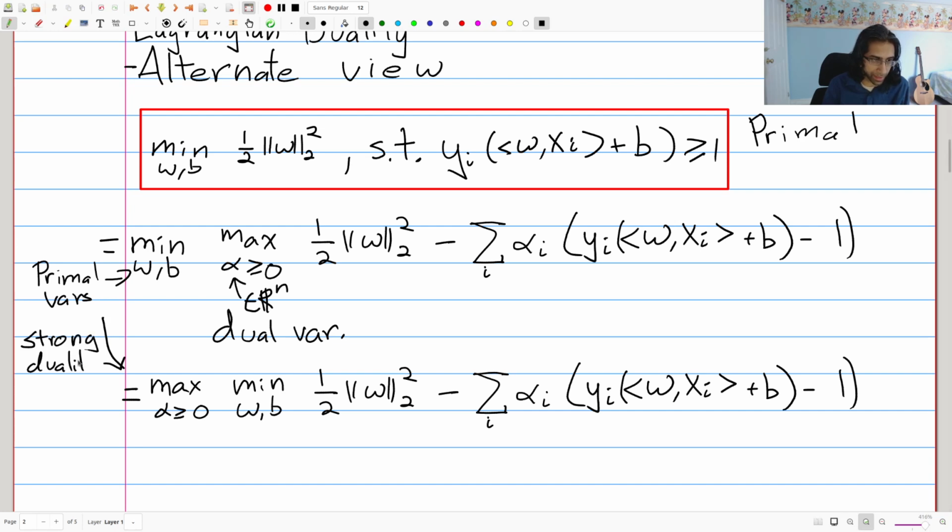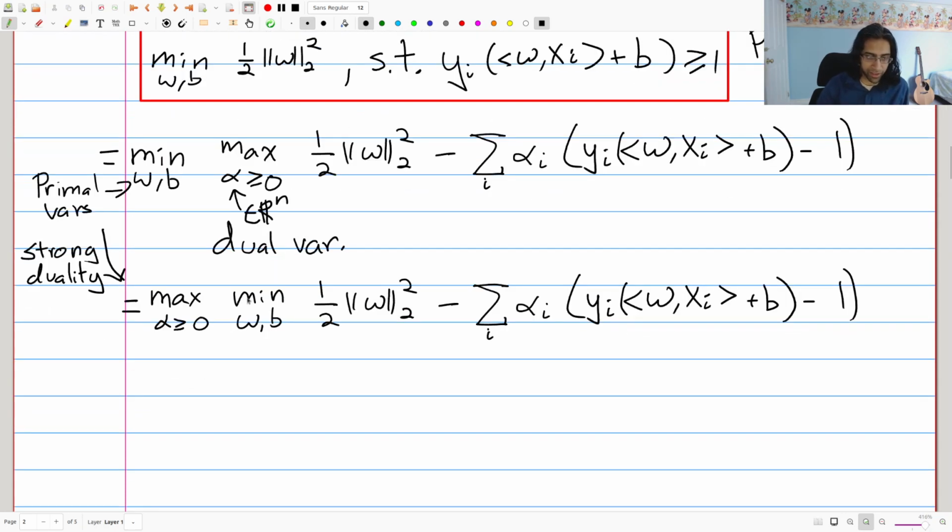Strong duality means essentially you can swap the min and the max, and the value will be equal. This applies only in certain settings, and it applies here for reasons I'm not going to get into. But if you care, you can look up things like Slater's condition. These tell you when you can do the swapping and maintain the same value. But okay, good. We have done this.